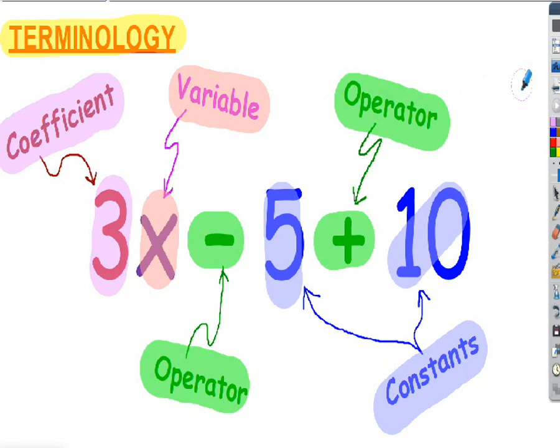Just notice for reference that the minus could be expressed also as subtract or take away, and the plus could be expressed as add. These terms are essentially interchangeable for us as technician engineers. So that's just some basic terminology we sometimes encounter when we're simplifying algebraic expressions or solving algebraic equations.